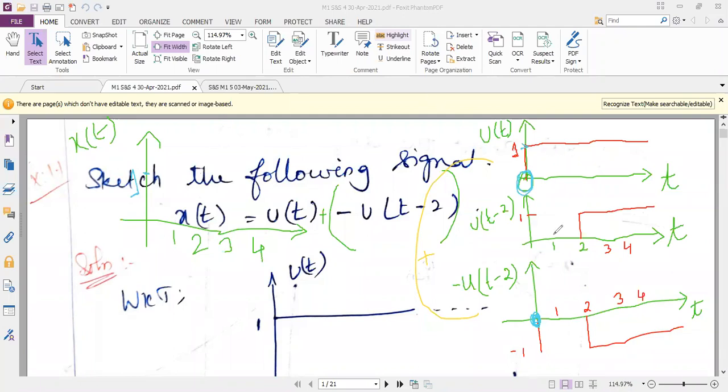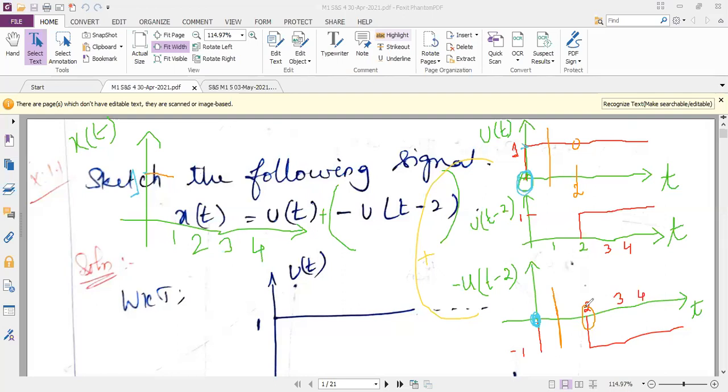See, at t equal to 1 also my amplitude is 1. And again, in the last diagram at t equal to 1, my amplitude is 0. So when I add, the amplitude will continue up to 1. Now, let me check at the value t equal to 2. At t equal to 2, again my amplitude is 1. But in the last diagram at t equal to 2, what is the amplitude?